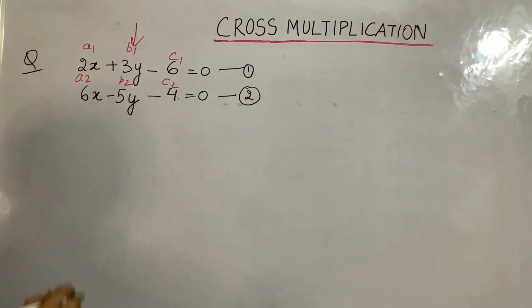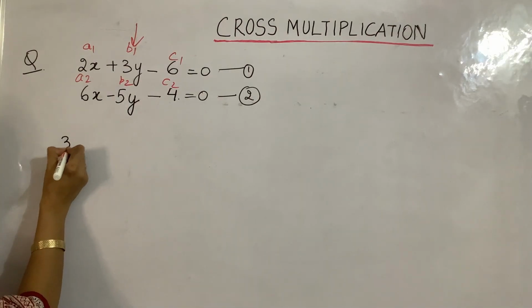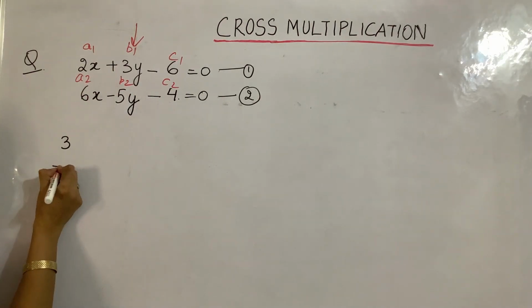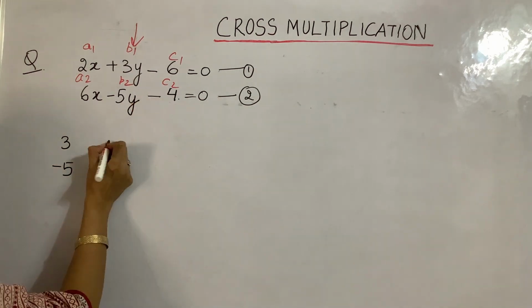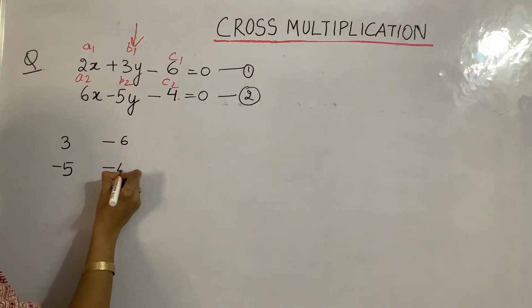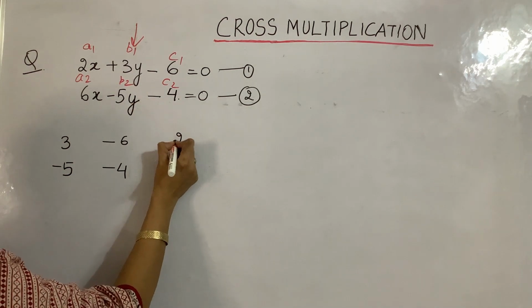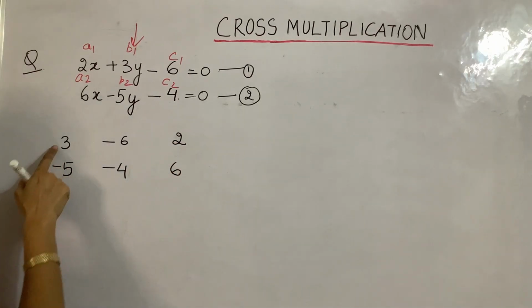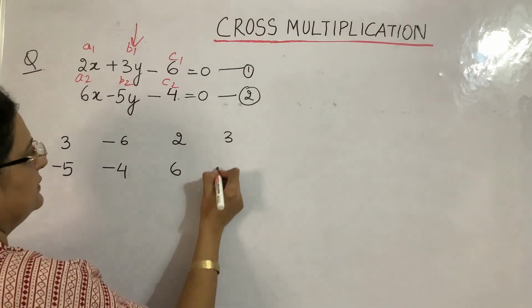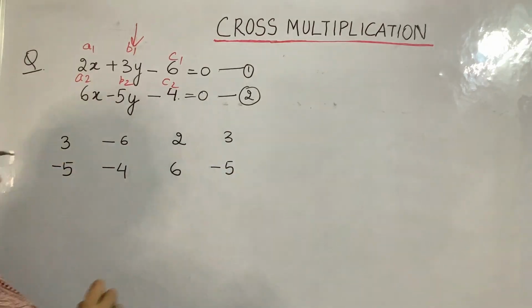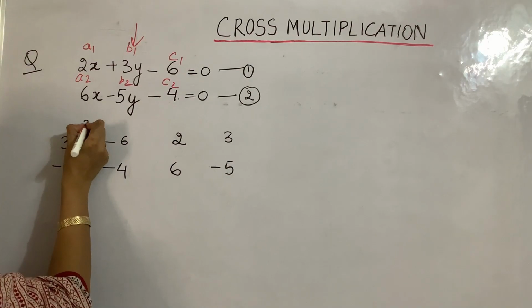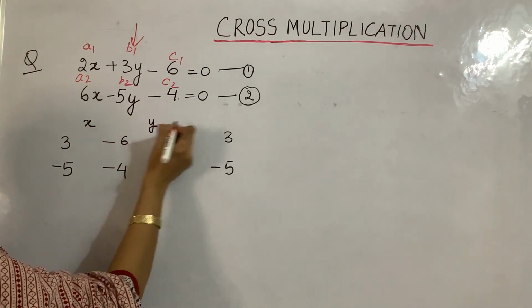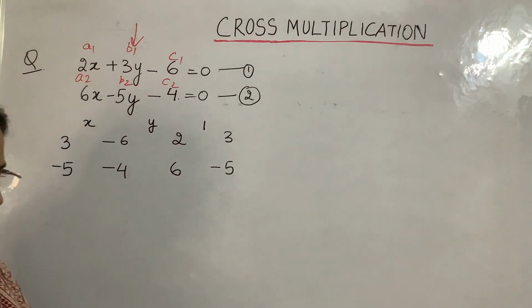So middle coefficient we can write down as 3, then minus 5, next is minus 6, minus 4, next is 2, 6 and where we started, we will end again. Clear? Now this will be x here, y here and 1 here.